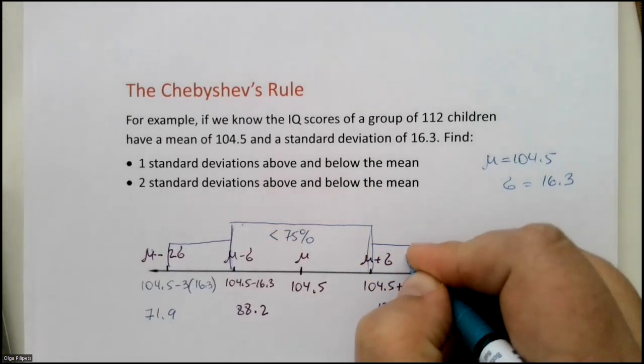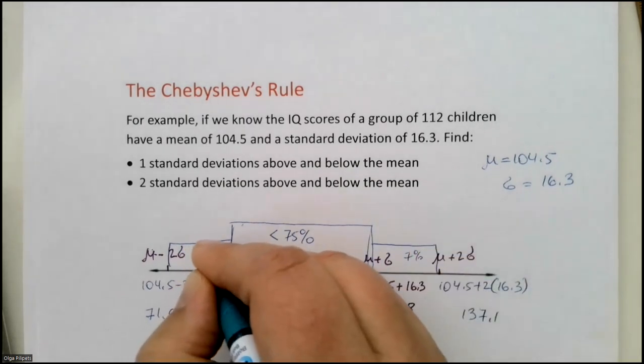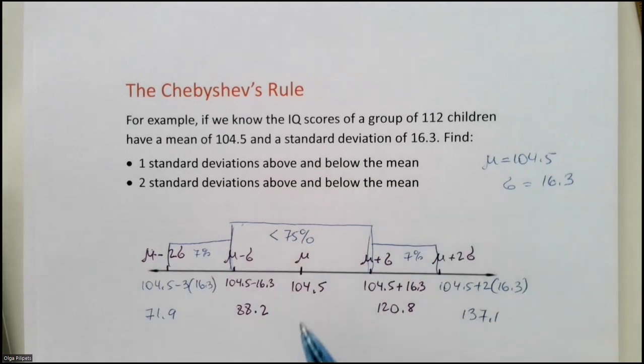So about 7% on this side and 7% on this side, making it 89% altogether. Again, this is a rough estimate of what the histogram would look like.